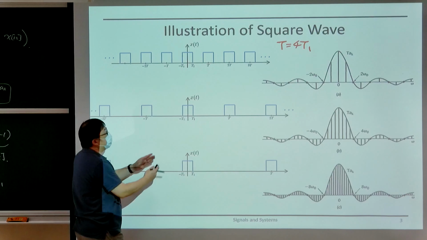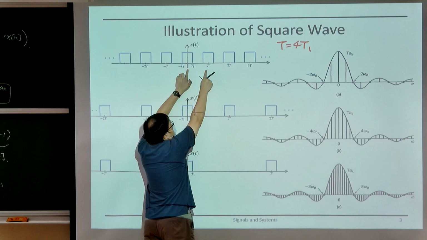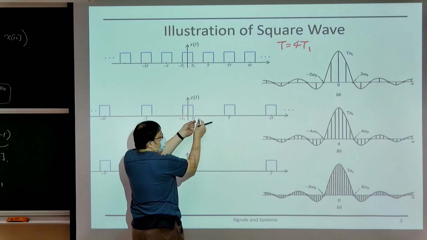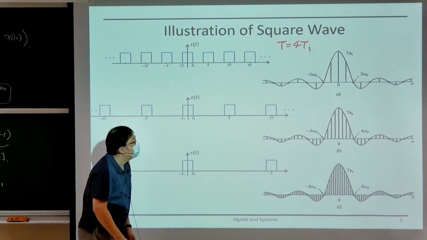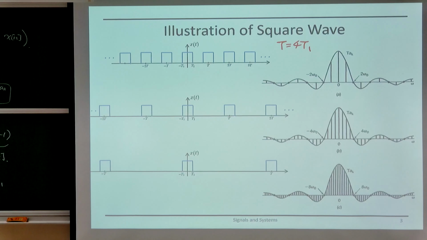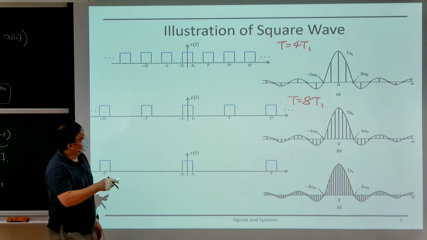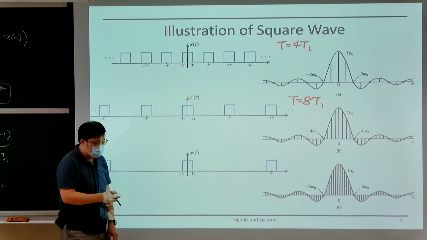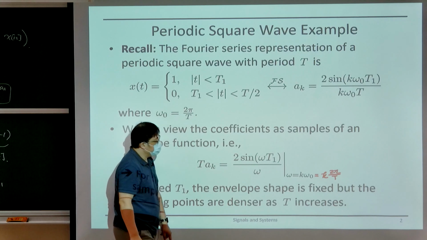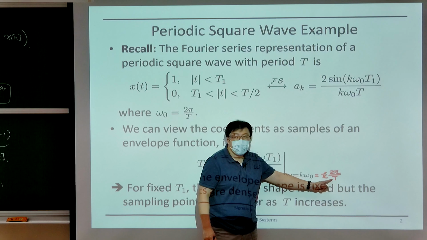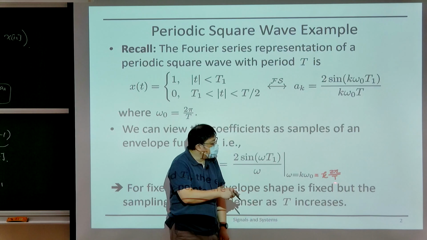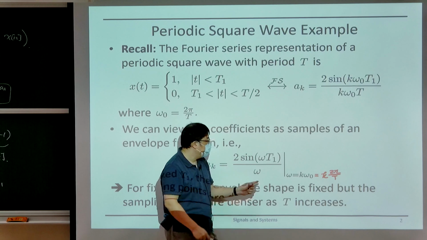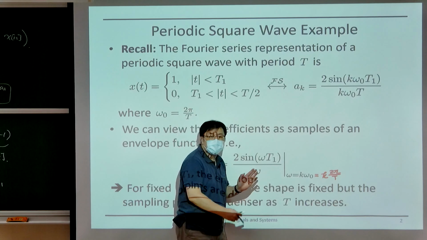Now, suppose you increase the period by 2 times. So you stretch them further away to the case where T is equal to 8t1, okay? So when you increase the period by 2 times, you're essentially sampling at twice the frequency of this signal, okay?